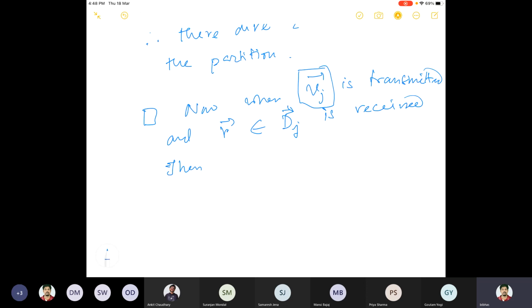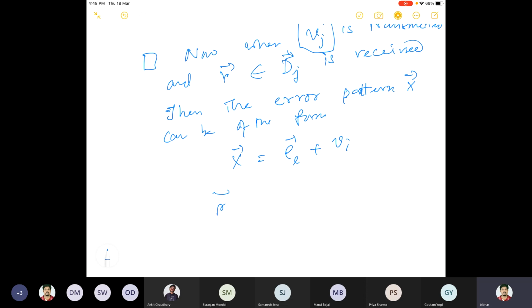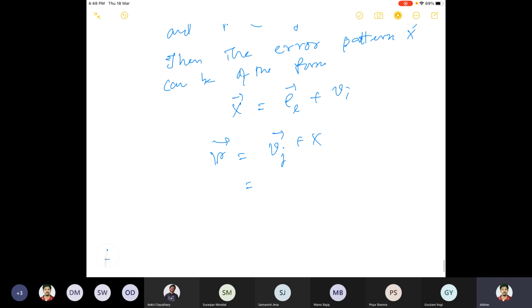I'll write the error pattern, let's say X, can be of the form X equal to some EL plus VI. Therefore the received vector is nothing but VJ plus X, so it is EL plus VI plus VJ, which is equal to EL plus some code word VS.